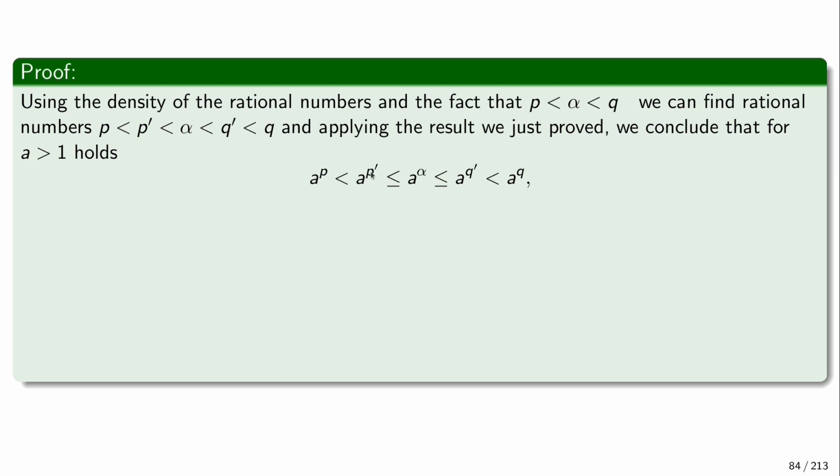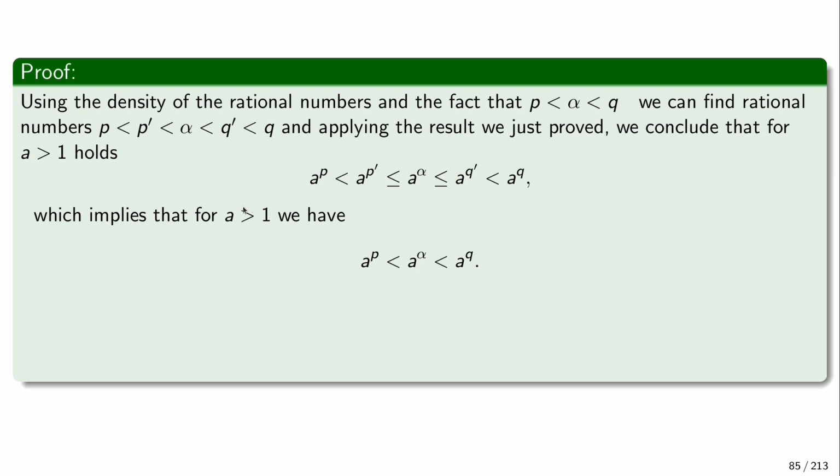And since p prime is a rational that is smaller than alpha, then a to the power of alpha is bigger or equal to that. And the same here, a to the power of alpha is smaller or equal to that. And here we have a strict inequality. So now what we've obtained for a to the power of alpha is actually a strict inequality with a to the power of p and a to the power of q. Hopefully it was clear enough.